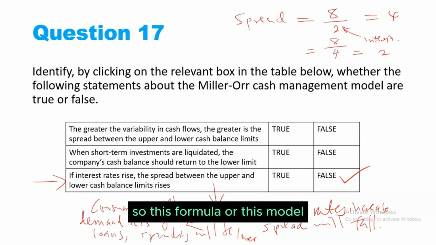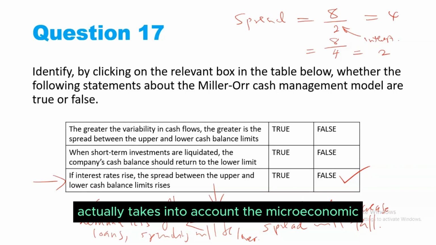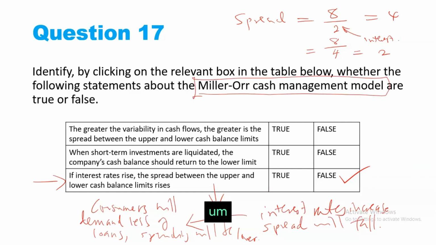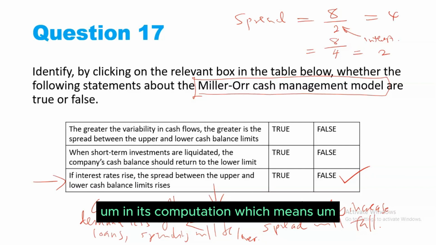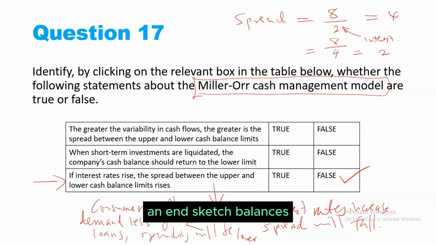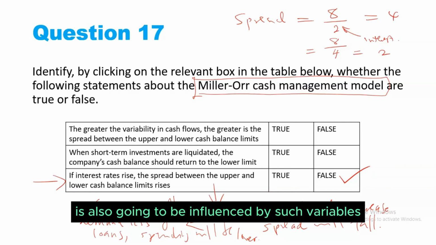So this formula, or this model, actually takes into account macroeconomic variables. It will consider variables like interest in its computation, which means an entity's cash balances are also going to be influenced by such variables.